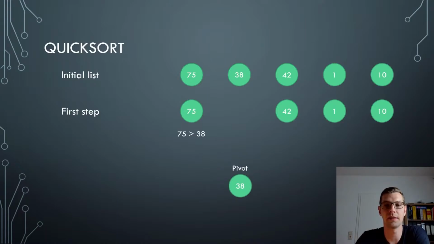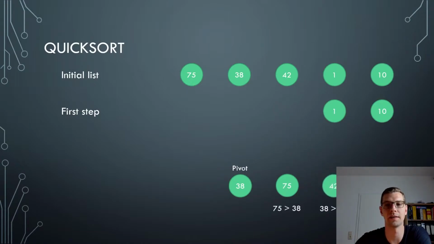Here we have 75, which is bigger than 38, so we have to put it on the right side after our pivot element. In the next step we compare our 42 with 38, and 38 is smaller than 42, and because of that we put it also on the right side in the right list of the pivot element.